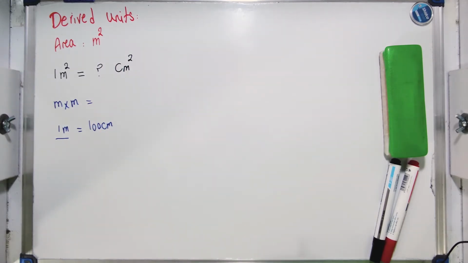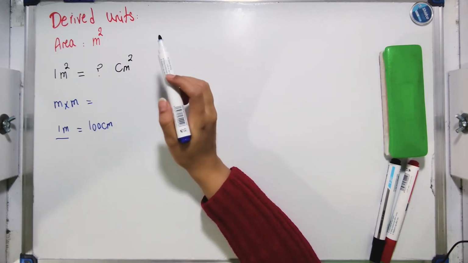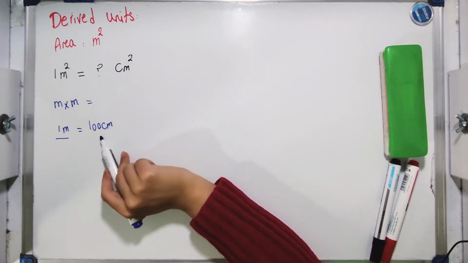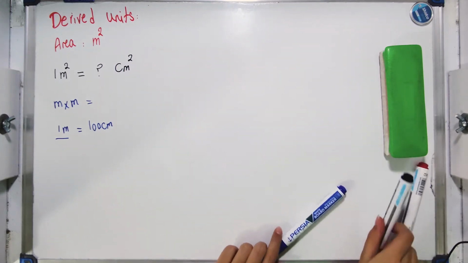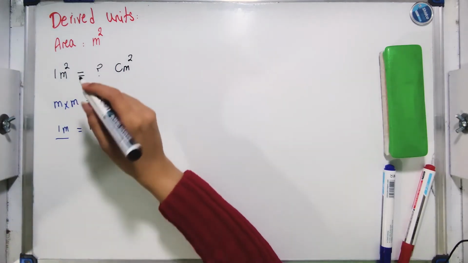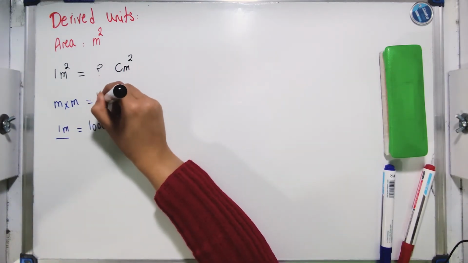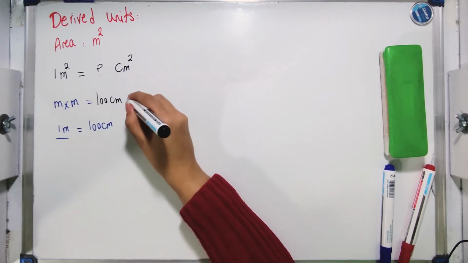So 1 square meter is meters times meters, and every meter is equal to 100 centimeters. So for changing this to centimeters, I just substitute 100 centimeters instead of every meter.